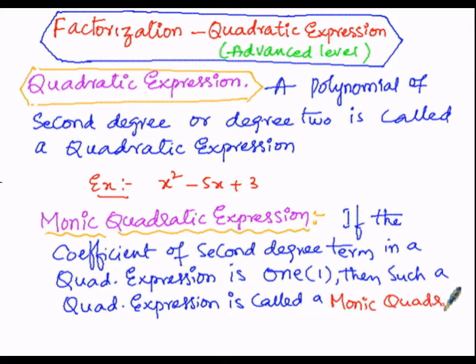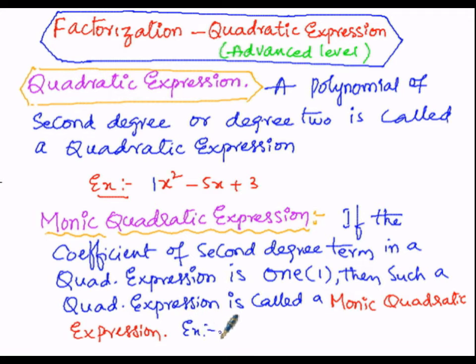Here x square, the coefficient is 1 in this case. So this will come under the monic quadratic expression. Let us give one example.